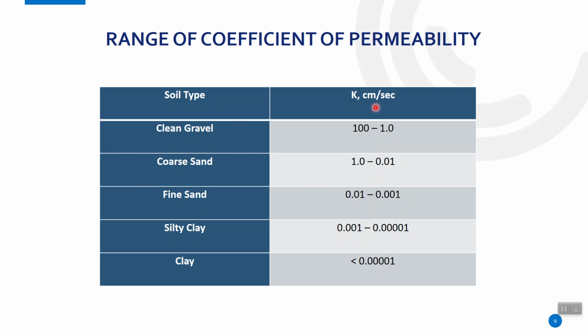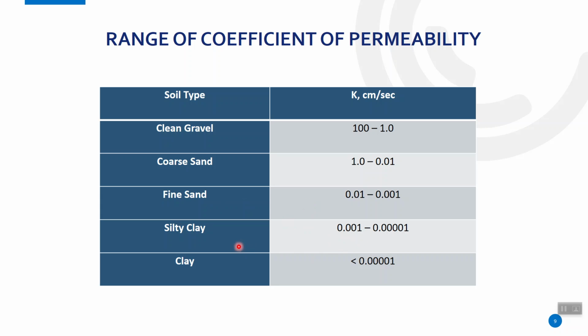If you get a coefficient of permeability of more than 0.01 centimeter per second, your soil is coarse sand. If you get between 0.01 and 0.001, your soil is called fine sand.